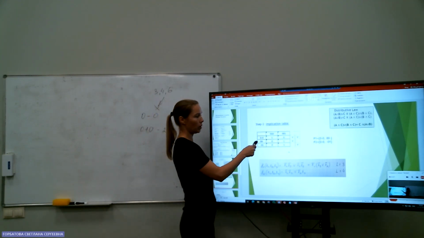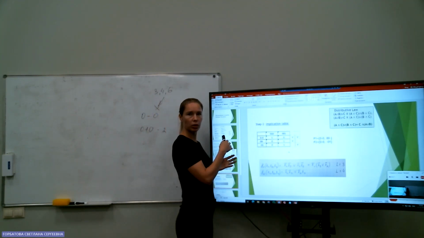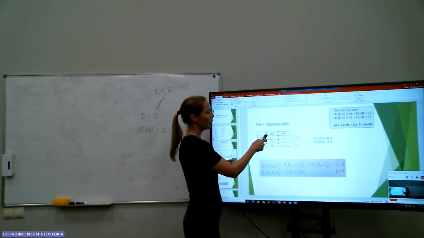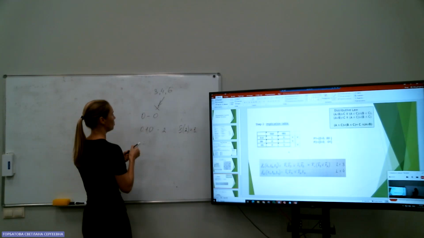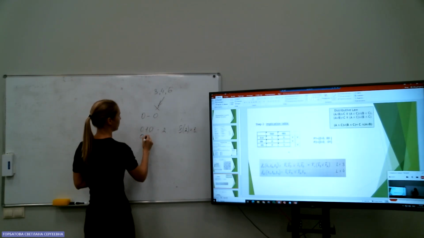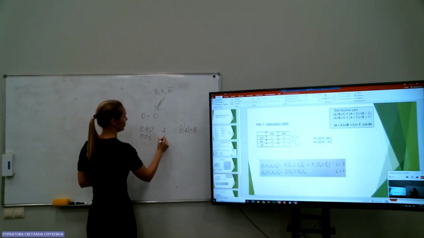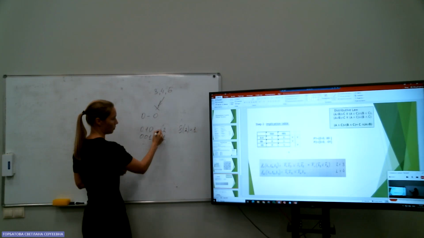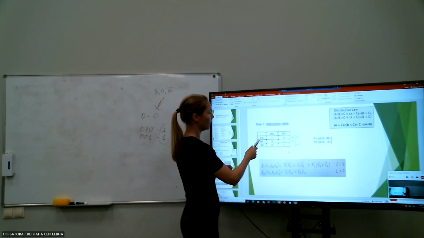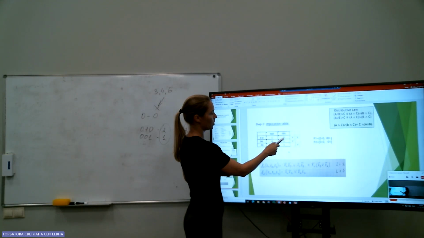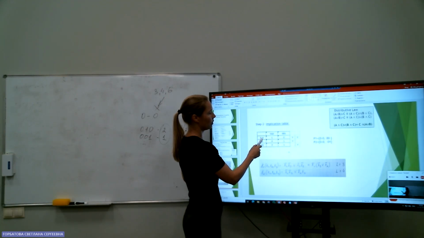So here are the intervals from the previous step. Here are the points where the function equals 1, it is 2 and 1. 2 points. Here is 1, here is 0 because these points are here.